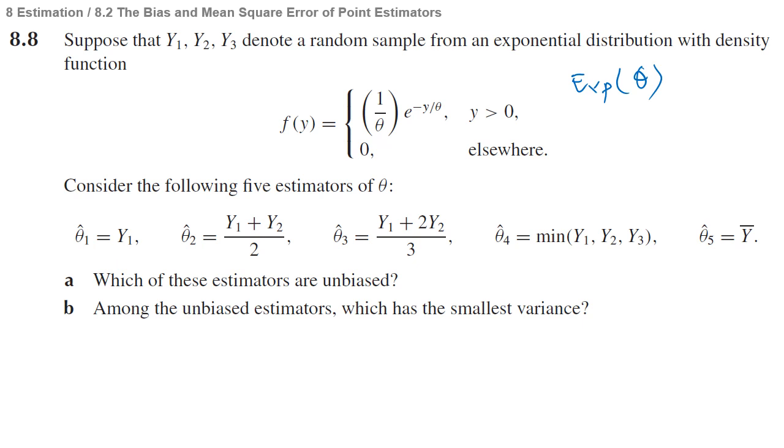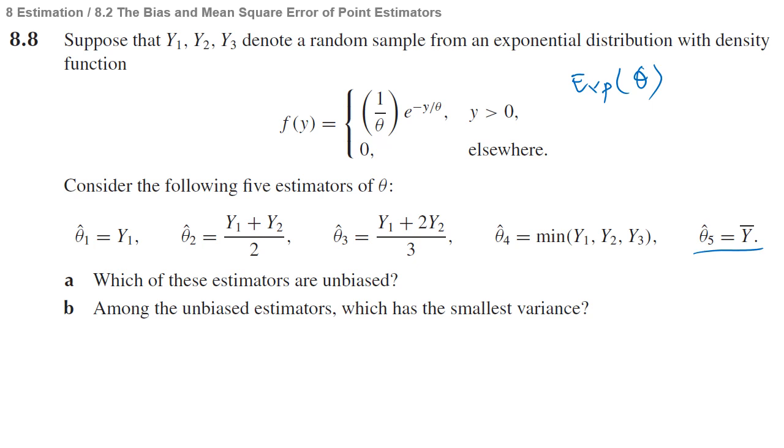Theta 2 hat is equal to (Y1 plus Y2) divided by 2. Theta 3 hat is (Y1 plus 2 Y2) divided by 3. Theta 4 hat is the minimum of Y1, Y2, and Y3. And theta 5 hat is Y bar. Which of these estimators are unbiased?